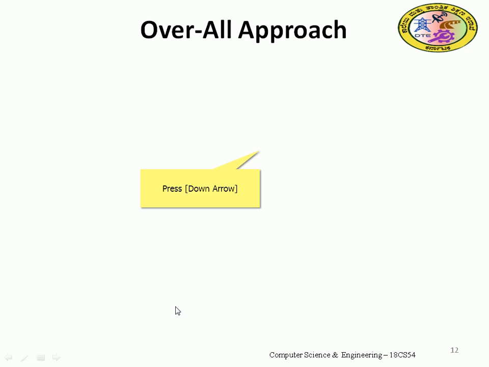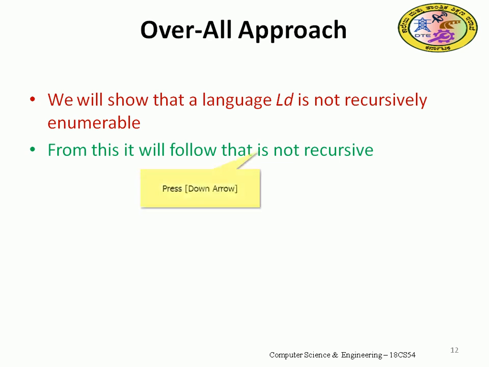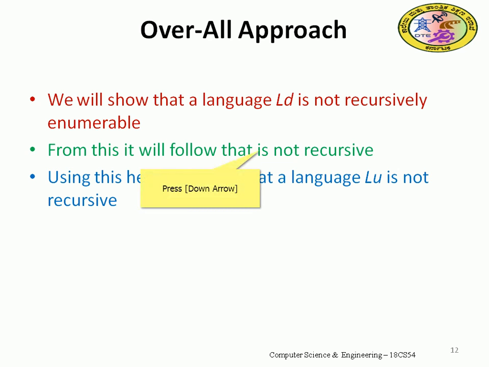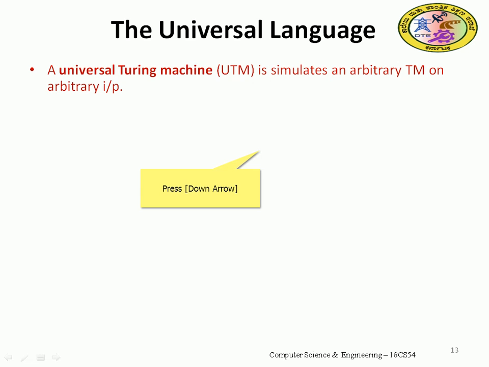So the overall approach will show that the language LD is not recursively enumerable. From this it will follow that it is not recursive. Using this, we will show that the language LU is not recursive. From this it will follow that the halting problem is undecidable. The universal Turing machine simulates an arbitrary Turing machine on arbitrary inputs.